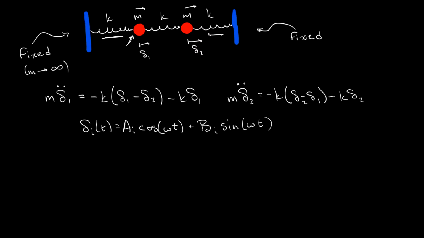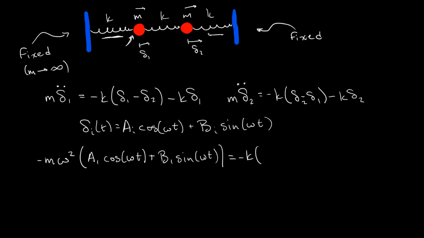And we just plug this in. And we get two equations, which look like A1 cosine omega t plus B1 sine omega t equals minus k times 2A1, the 2 coming from both this guy and this guy, minus A2 cosine omega t, minus k times B1 minus B2, sine omega t.